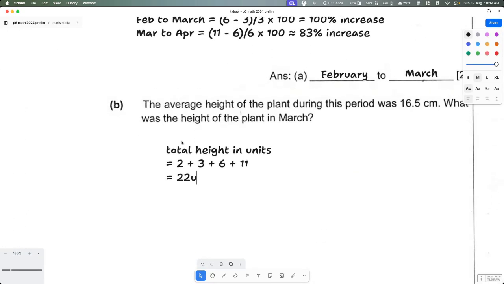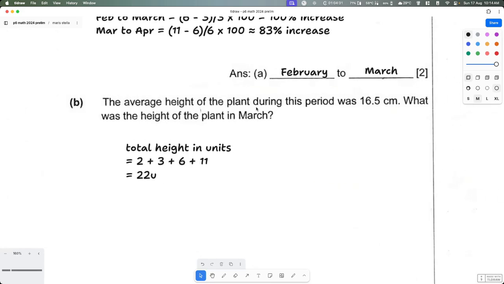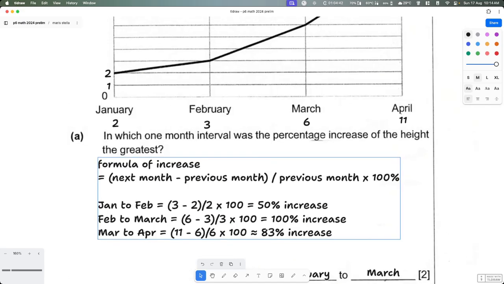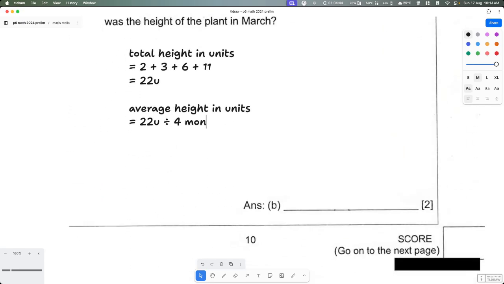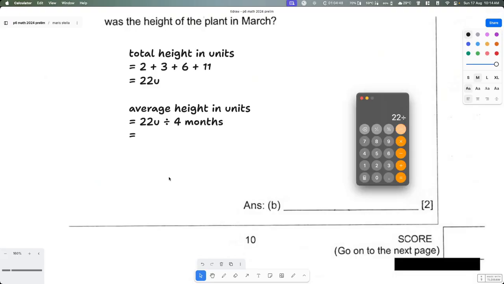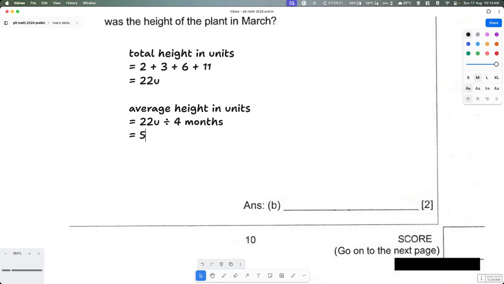So that's the total. And then we know the average height of the plant is 16.5. So average height in units is equal to 22 units divided by how many months? 4 months, right? So that means it's equal to 22 divided by 4, 5.5 units.